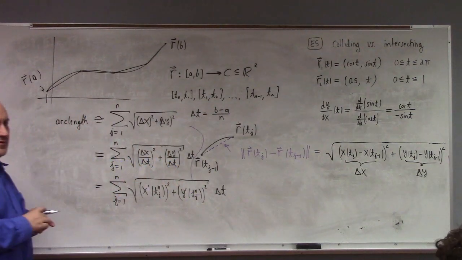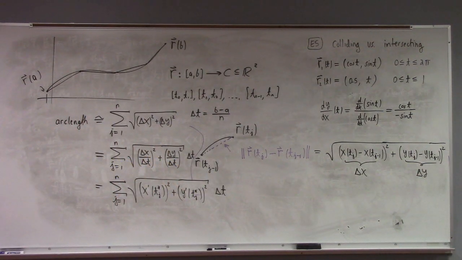By the mean value theorem, there exists such a time in the time interval such that the average rate of change is equal to the instantaneous rate of change. I can apply it to x, I can apply it to y, assuming what? Assuming that x and y, the parameterization formulas, meet the criteria for the mean value theorem. What are those criteria?